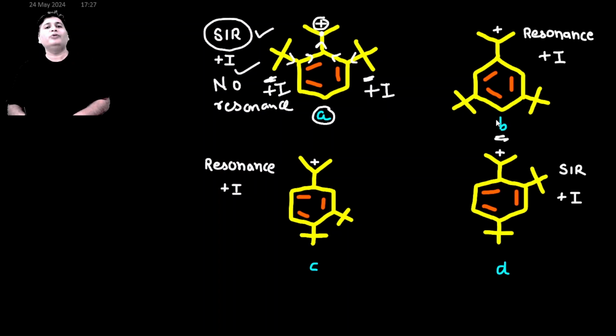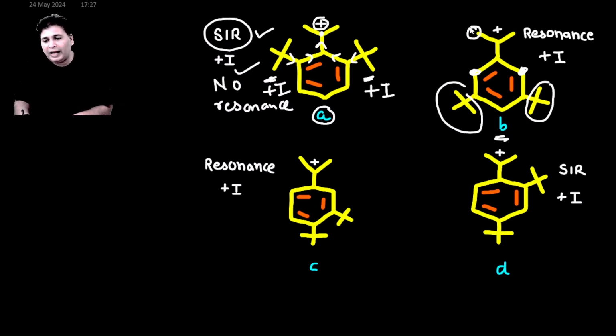Now in case B, the ortho position does not have these bulky groups. It just has the very small hydrogen atom that has nothing to do with the steric problem. So these groups are now far away from these two methyl groups, and these two methyl groups are not having that problem which A had.